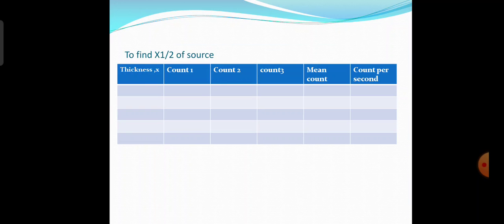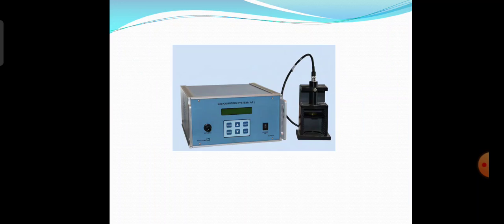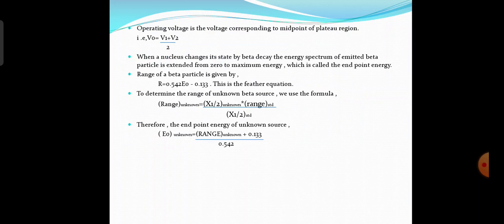Using this standard half value thickness, we can determine the range of the standard source, since we have the endpoint energy of the known, that is the standard source thallium, E0 equal to 0.766. Using the further equation, we can determine the range of the standard source. Now we have to determine the range of the unknown source.